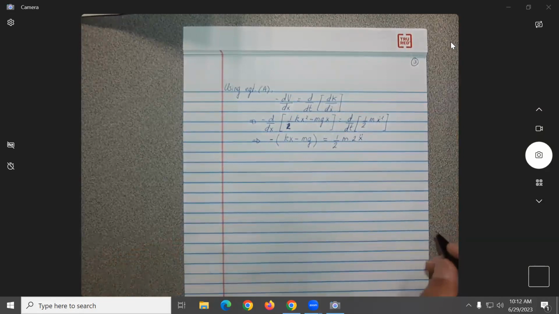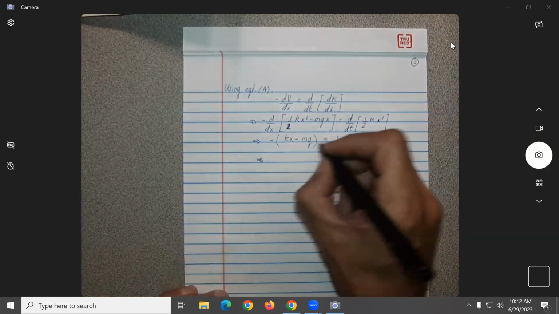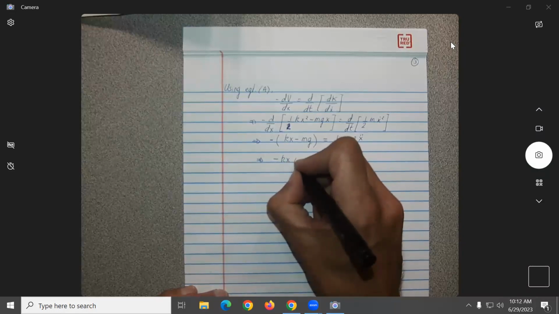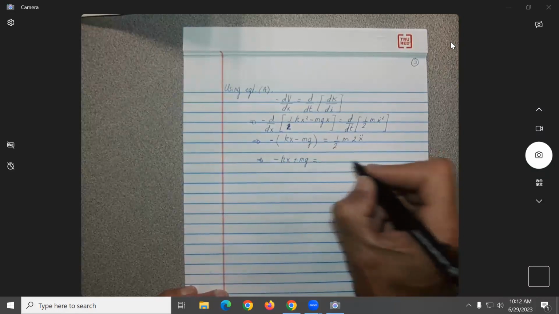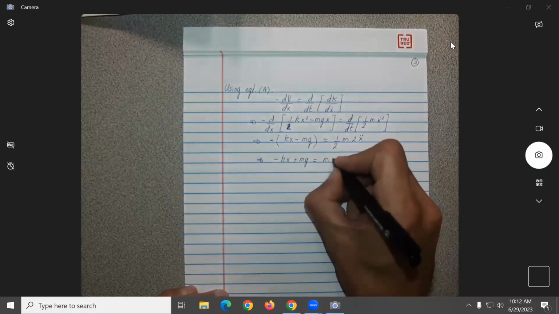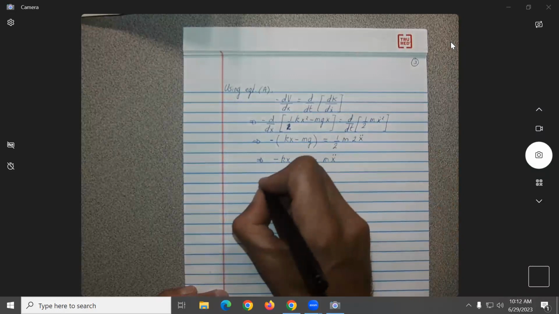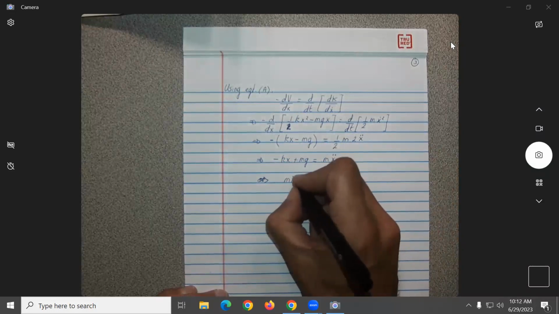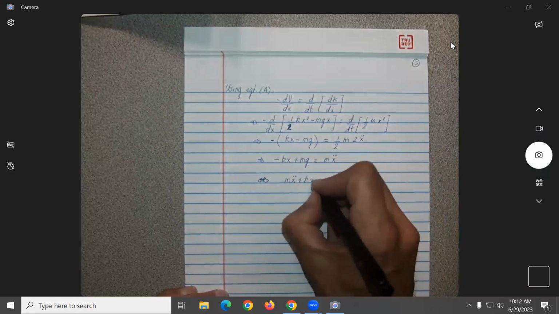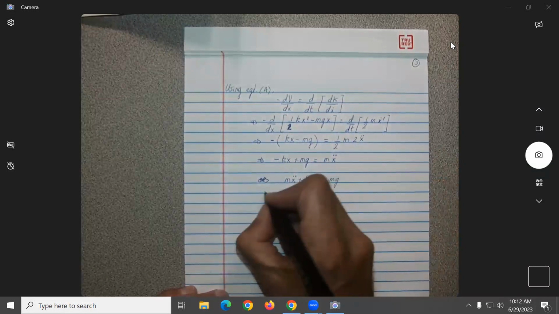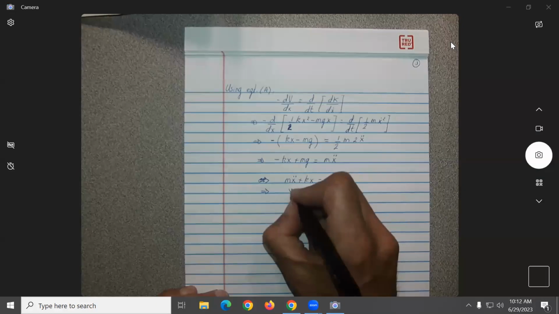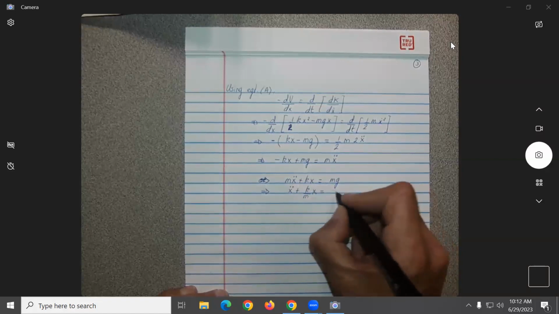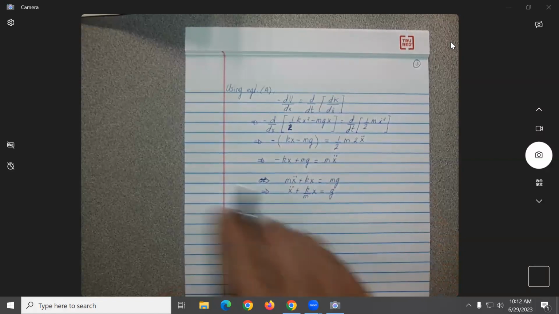So in other words, this will give you negative kx plus mg equal to m x double dot, which would be the same thing as m x double dot plus kx equal to mg, which will be the same as x double dot plus k over m x equal to g, which are on the notes.